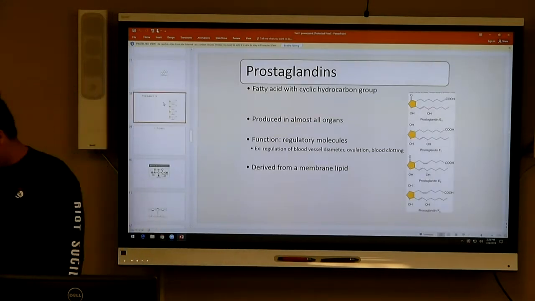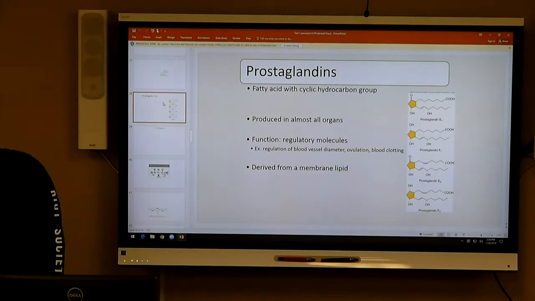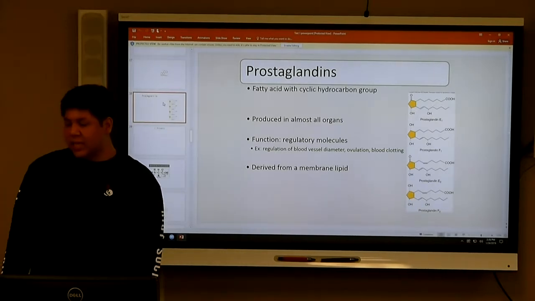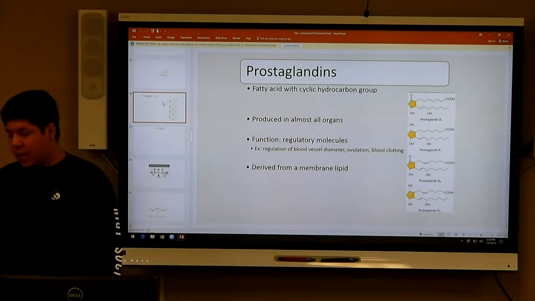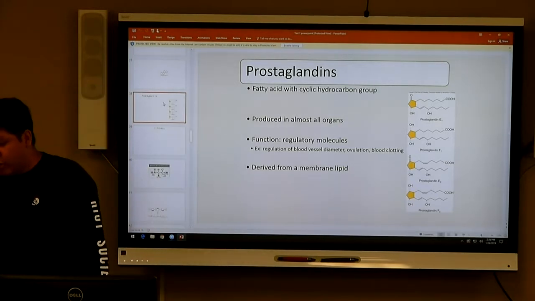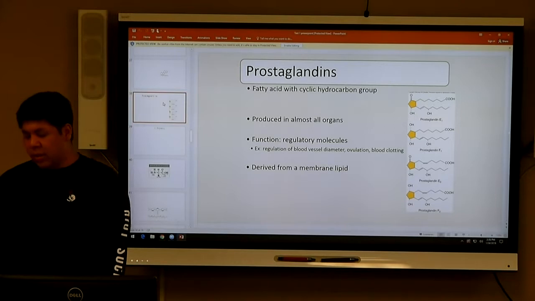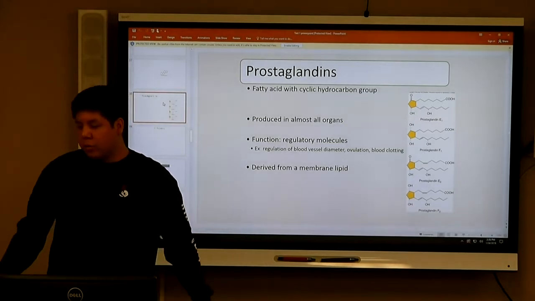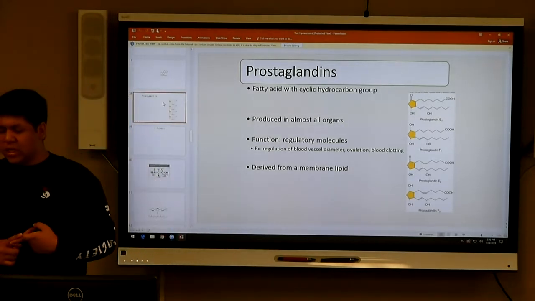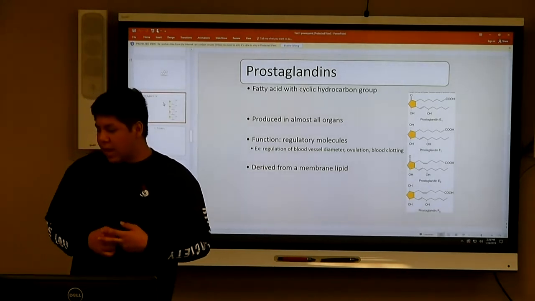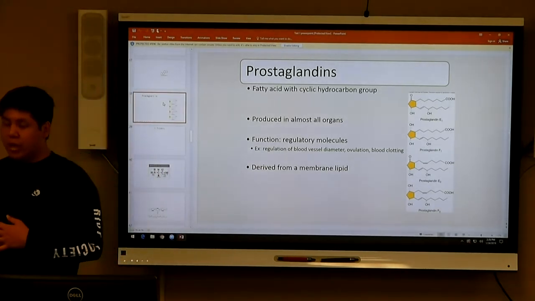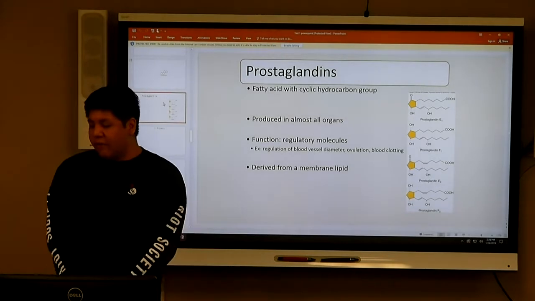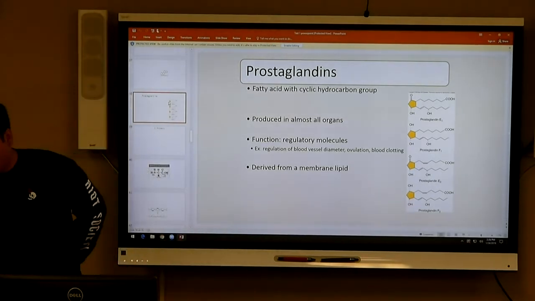Prostaglandins are a fatty acid with a hydrocarbon group, produced in almost all organs. Their function is as regulatory molecules: regulation of blood vessel diameter, ovulation, and blood clotting. They are derived from a membrane lipid.